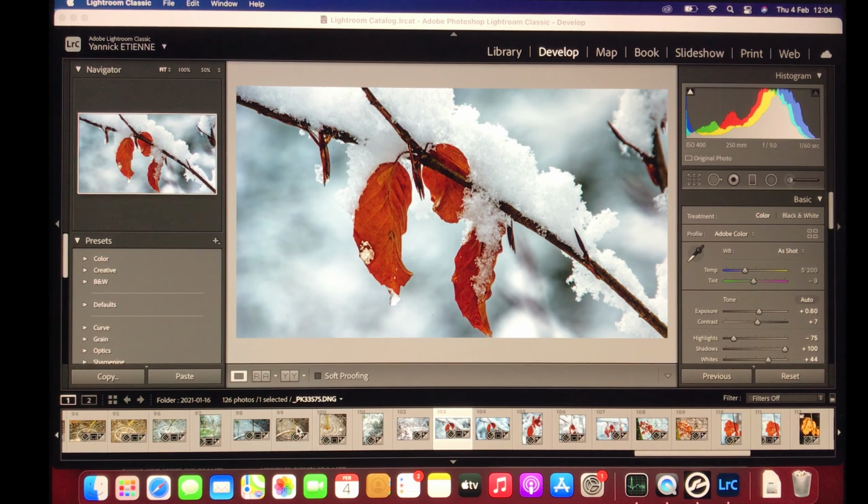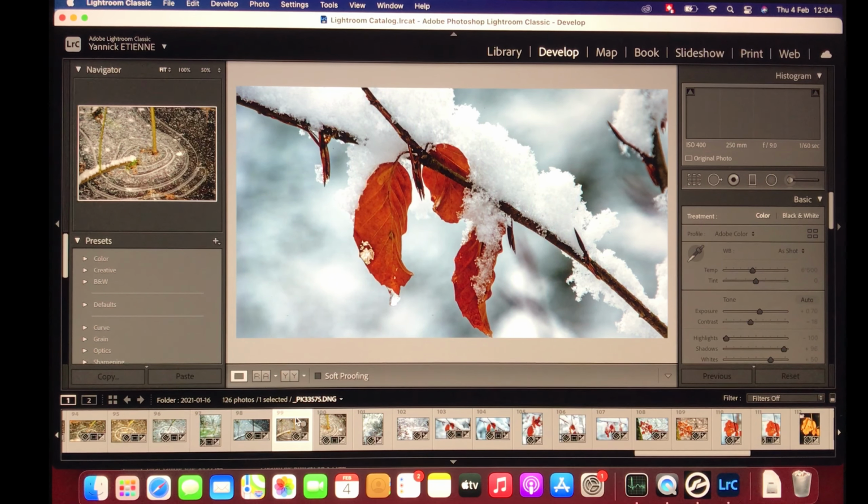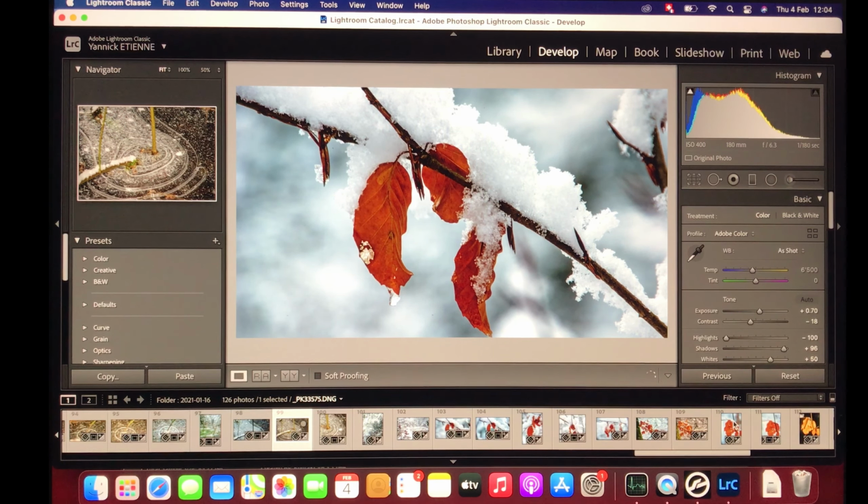If I change the image, you see how slow now it changes. Okay, so let's take another picture. Probably slowly but surely Lightroom is swapped in, so it could react faster now. But, yeah, you see it's incredibly slow.